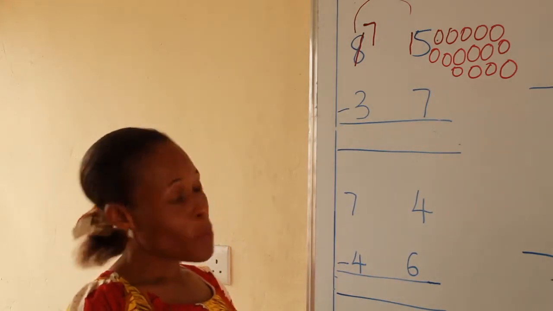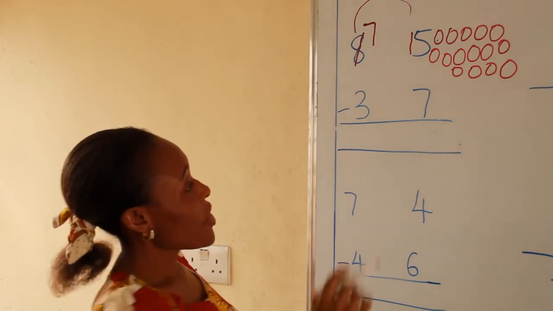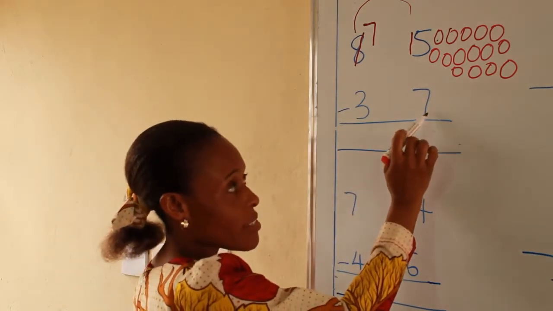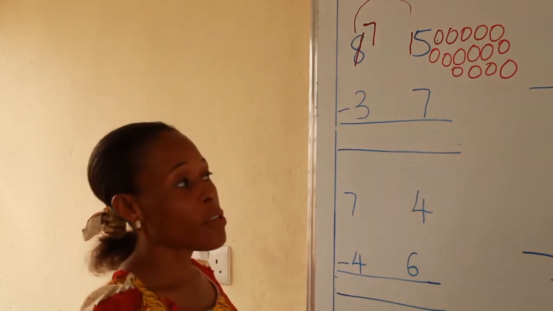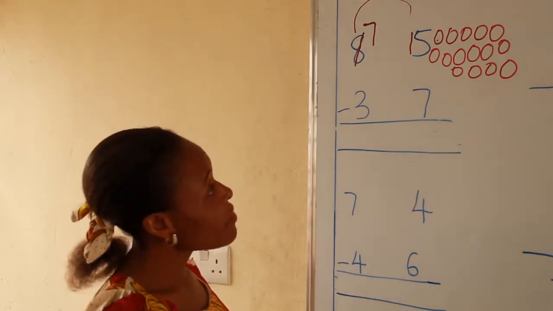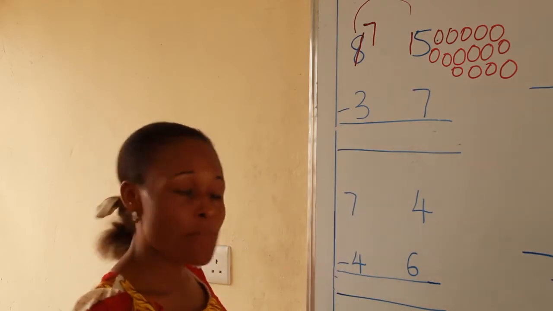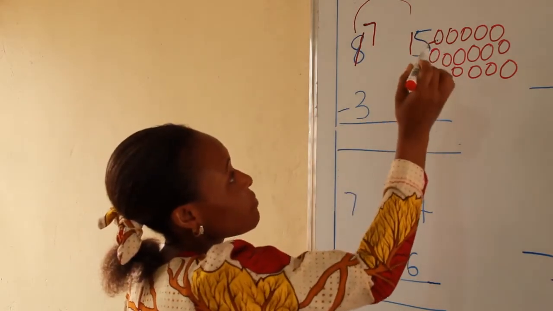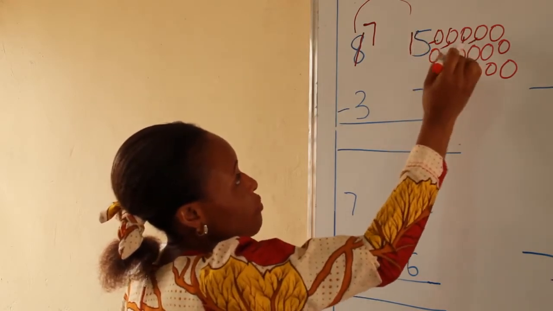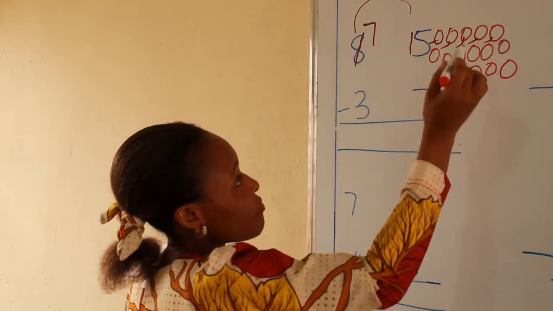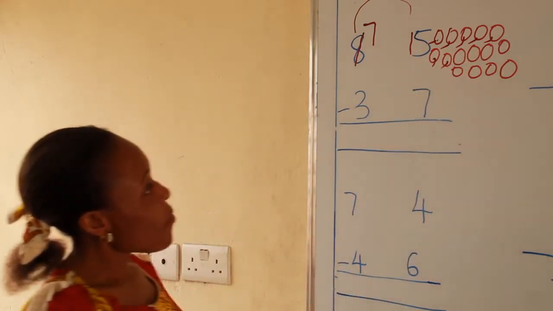So children, what do we do next? All you need to do is take away 7 counters from these 15 counters. Count along with me. 1, 2, 3, 4, 5, 6, and 7.